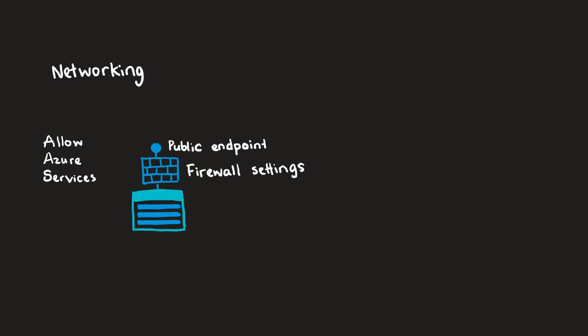And as the second point, you can also whitelist IP addresses that can access your Azure Data Lake storage. So you have these two basic capabilities where you can have that public endpoint, but you can have a firewall to that public endpoint and only allow certain things to access your Azure Data Lake.